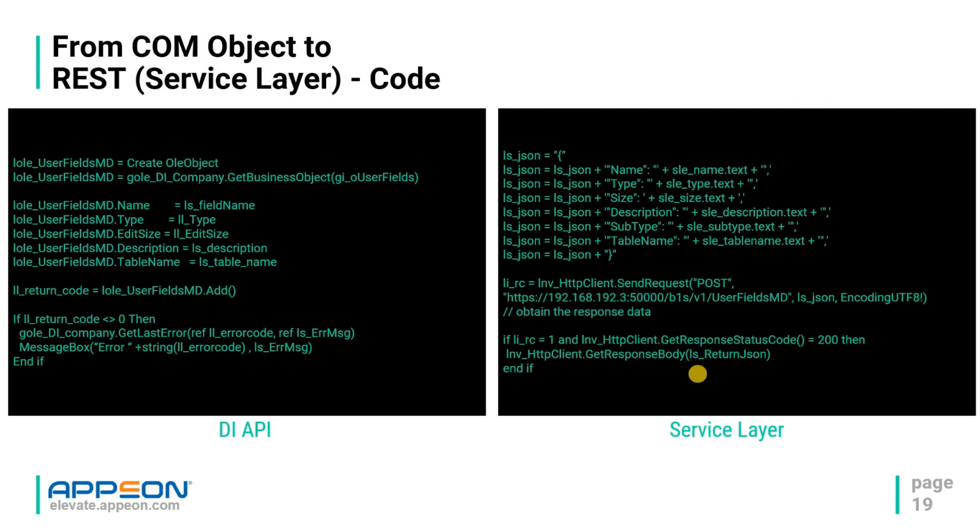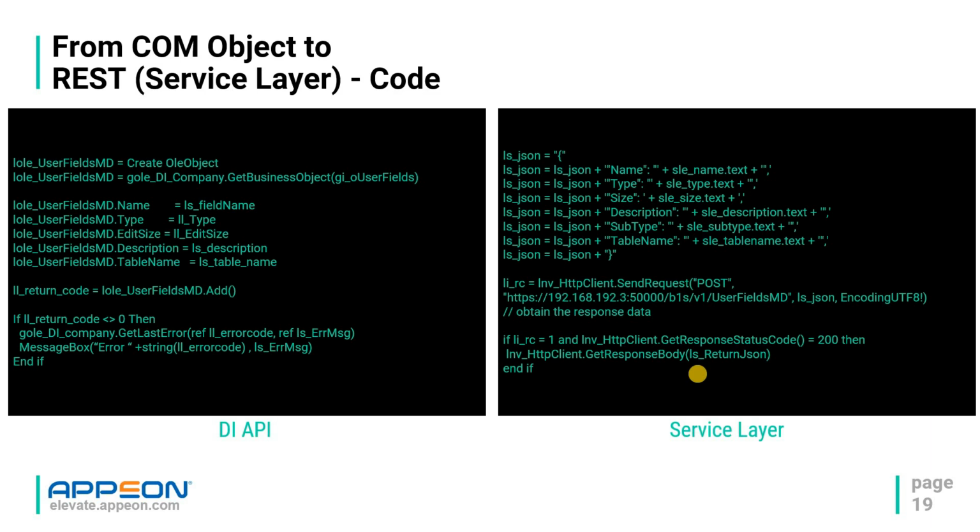And these are the code differences to do the same thing, more or less. On the left, we have to create an OLE object with a create. We get the instance of that OLE object, a user field, for example.